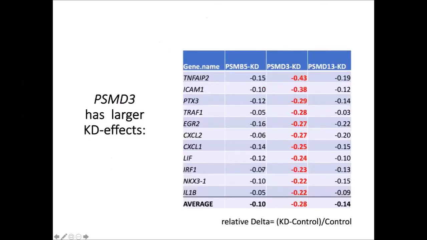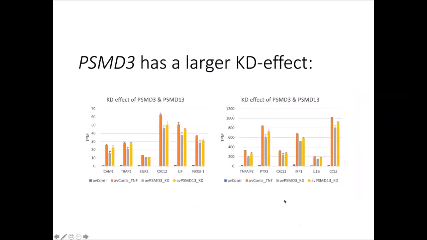And also, if you looked at the actual magnitude of the changes, the magnitude changes in the PSMD3 knockdowns are much larger, from over 40% to whatever 20 or so percent in the most affected genes. Here you see the same data in actual expression data.